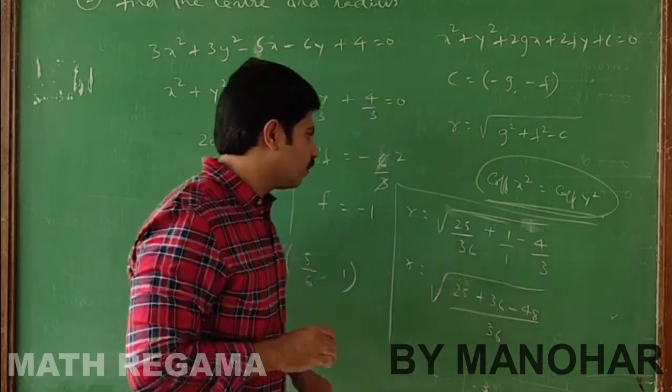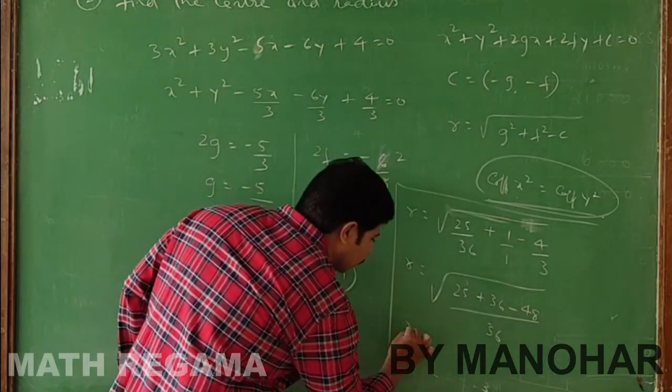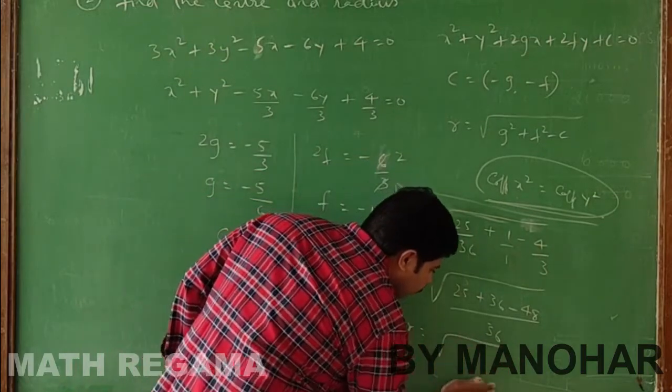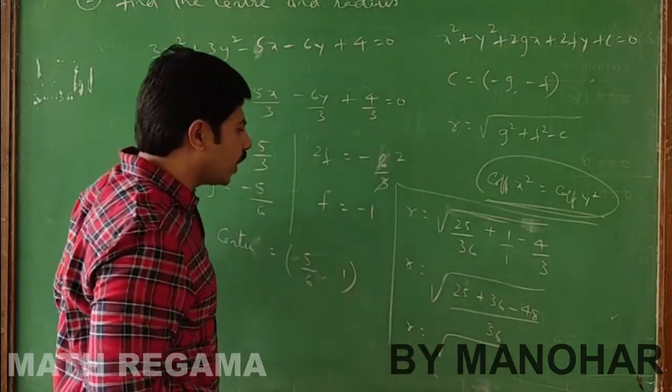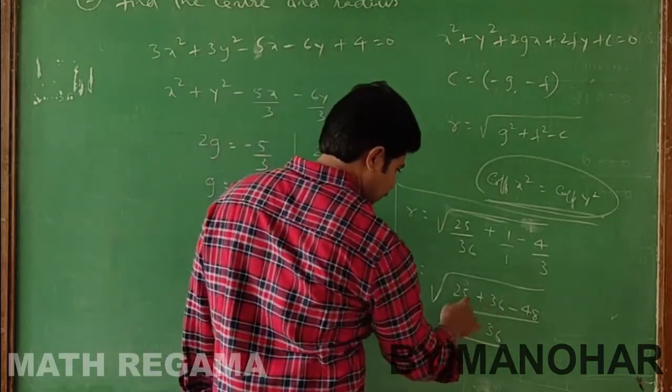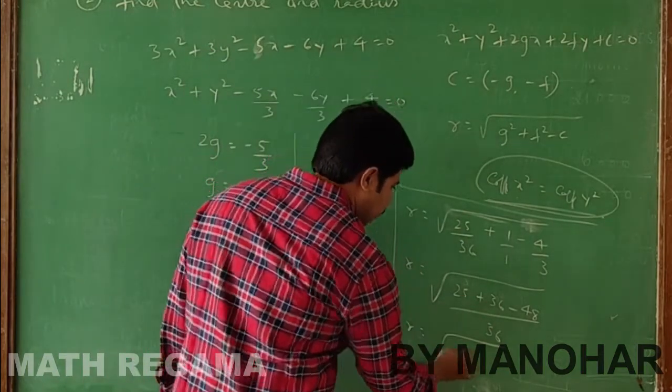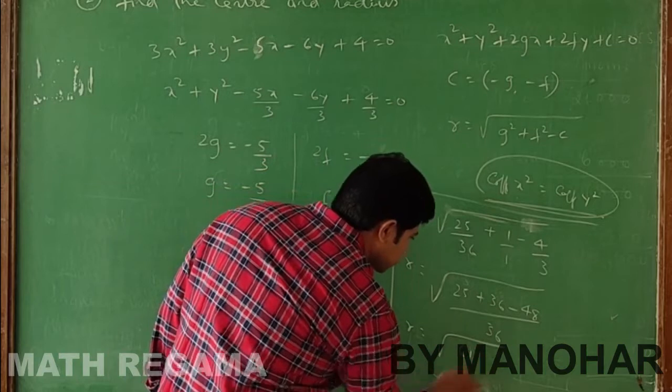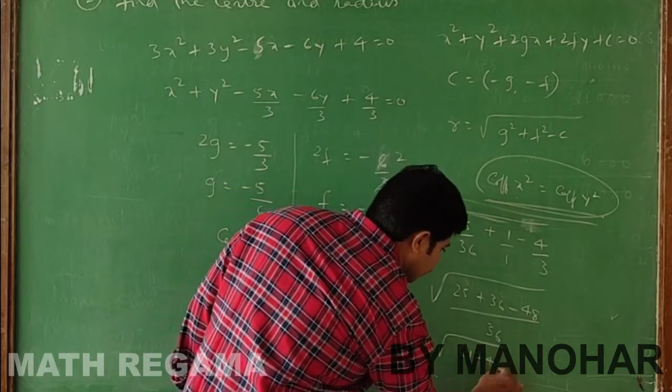12 fours are 48. So r is equal to under root of 25 plus 36 minus 48 by 36. 25 plus 36 is 61, minus 48.